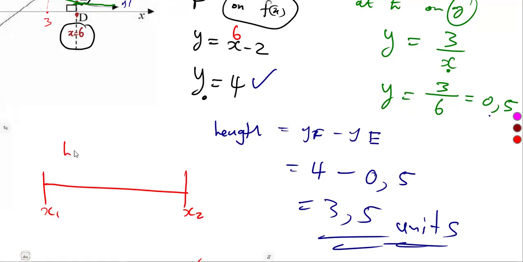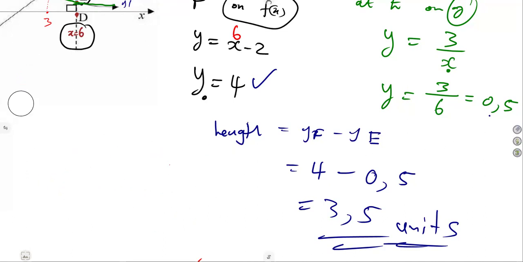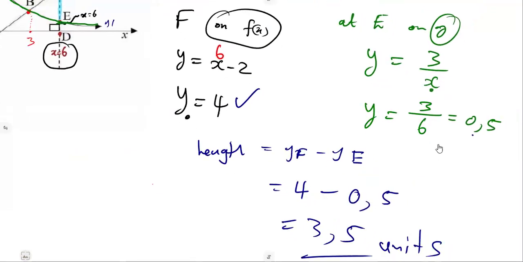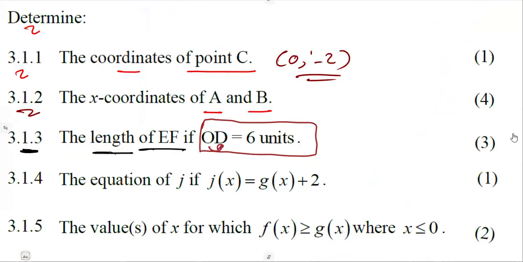So the length will be the difference of the X values, X2 minus X1. Vertically, Y2 minus Y1. If you understand that one, guys, you are done. That is how you answer this type of question. So our length was going to be 3.5 units.